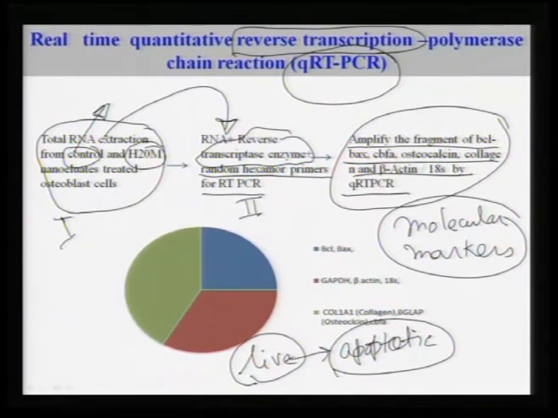Now, reverse transcriptase means mRNA goes back to DNA, but you require a certain enzyme to be added and some primers. These primers are essentially a combination of nucleotides. For DNA, what are the nucleotides that you require?